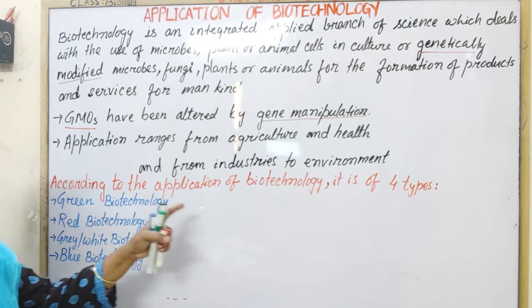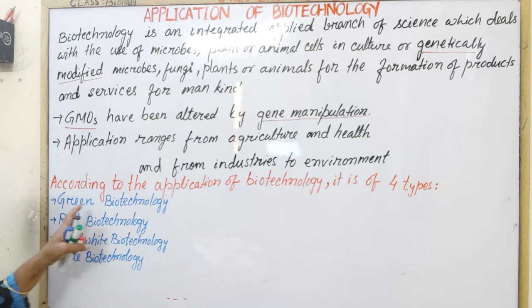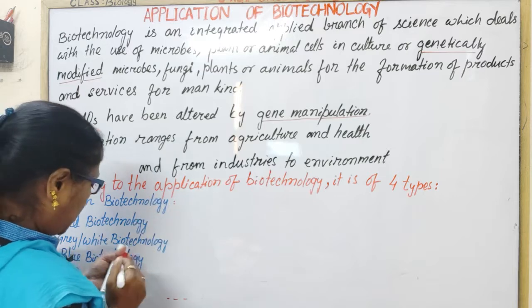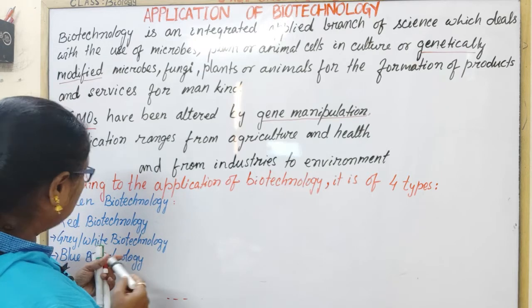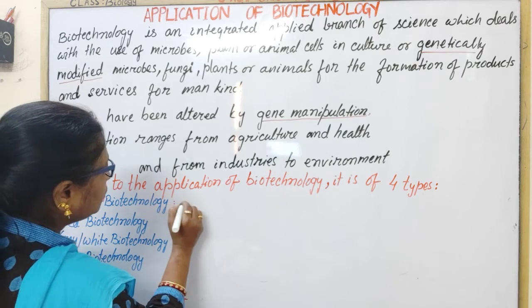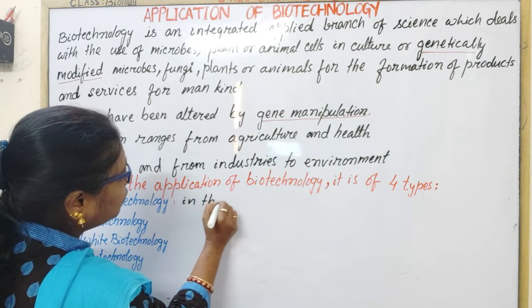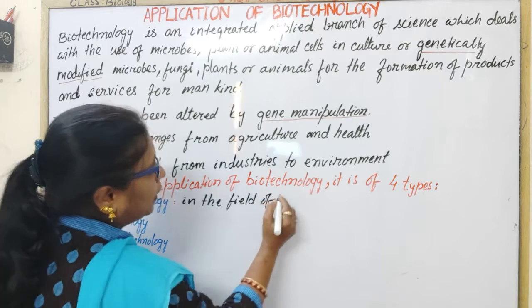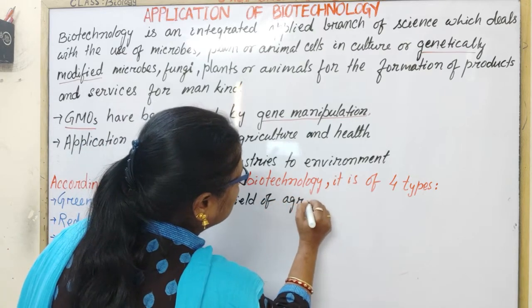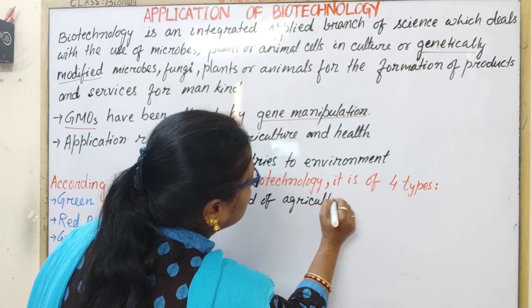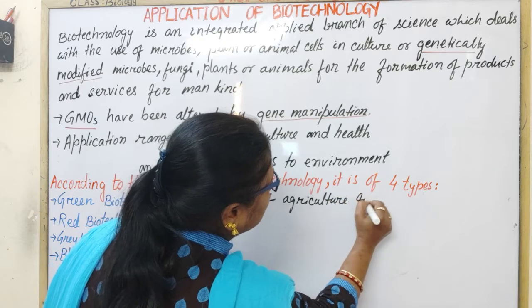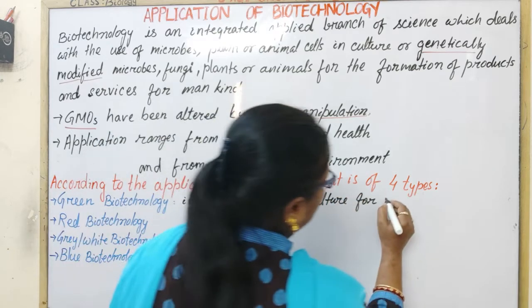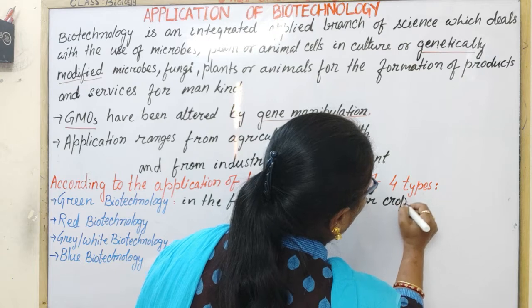According to the application of biotechnology, it is of 4 types. Green biotechnology is used in the field of agriculture for crop improvement.